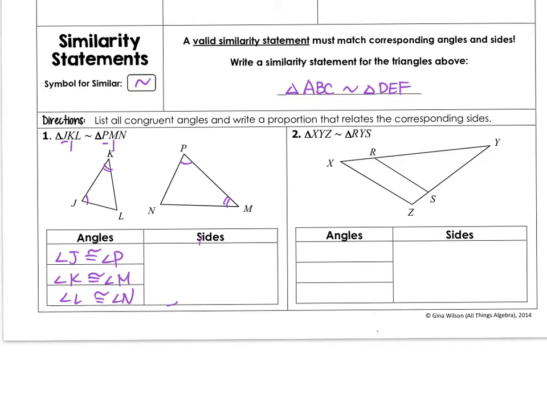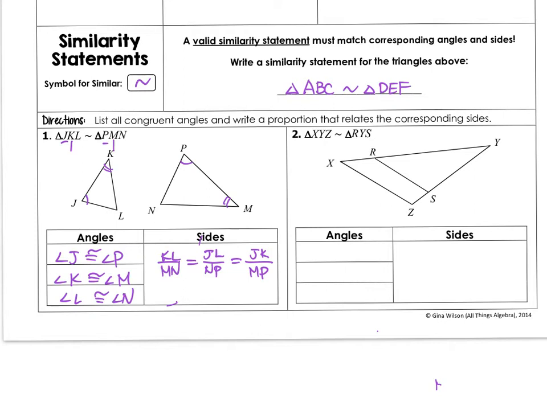And now I look at the corresponding sides. J's side is KL and P's is MN. That scale factor should equal K's corresponding side JL and M's is NP. And finally, L's is JK and N's is MP. Okay.